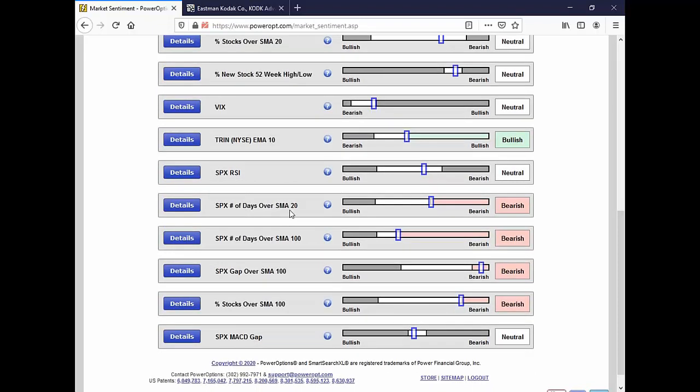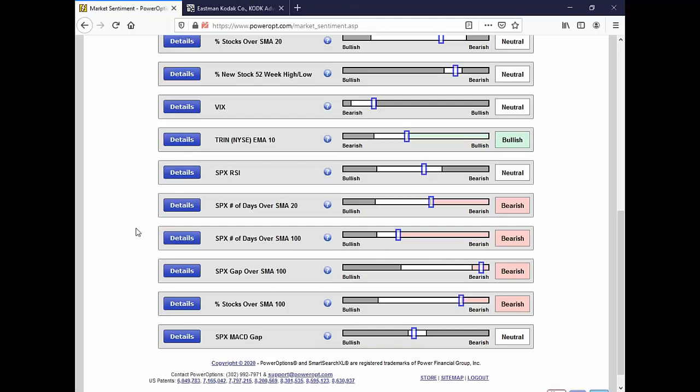Number of days the SPX is over its SMA 20, that's in bearish. Number of days it's over the SMA 100, that's bearish. The size of the gap over the SMA 100, that's gone bearish. Percentage of stocks over SMA 100, that's gone bearish as well. So when these things, obviously you can see, are hit, that usually means that there's bound to be a retracement that comes along as well.